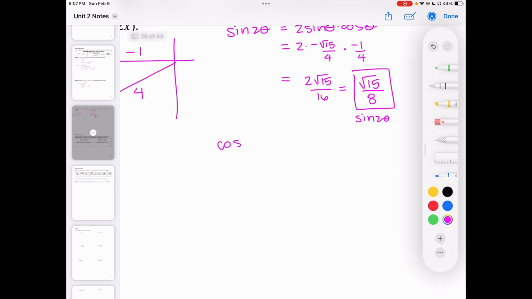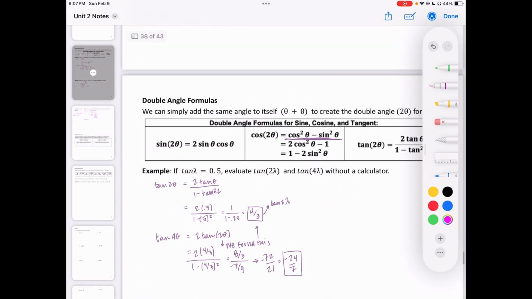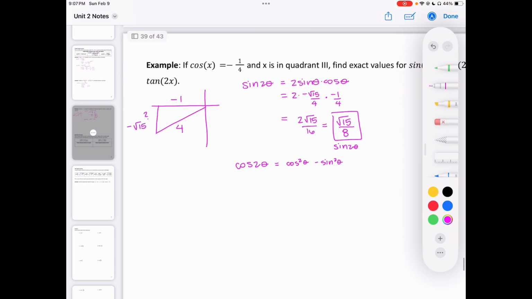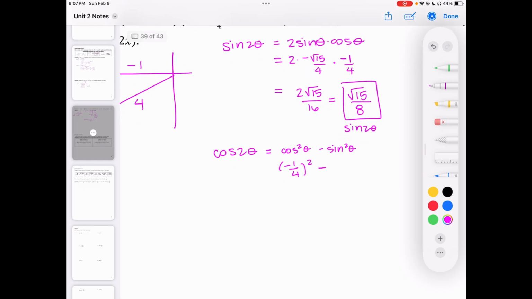So we have cosine 2 theta is equal to, I already forgot what it was, let me scroll back up. Cosine squared theta minus sine squared theta. Okay, we have negative 1/4 squared minus negative root 15 over 4 squared.